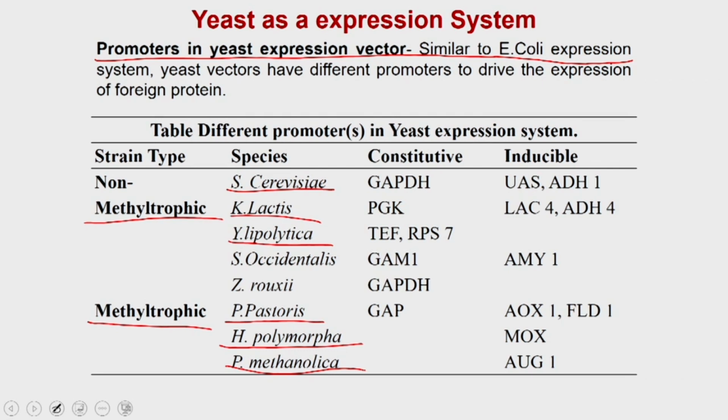You have constitutive promoters such as GAPDH and other kinds of promoters, whereas you have inducible promoters such as ADH1, ADH4, OX1, MOX, and all these promoters can be used to drive protein production in yeast as an expression system.